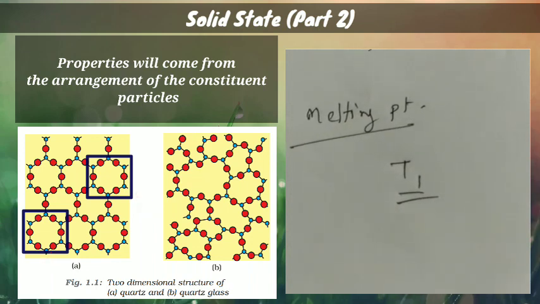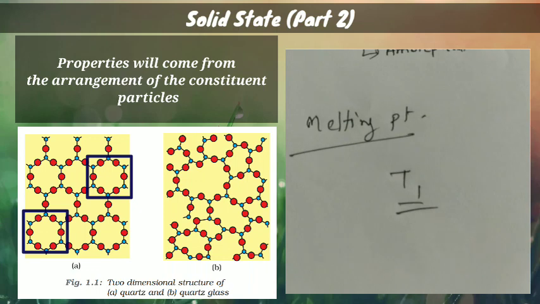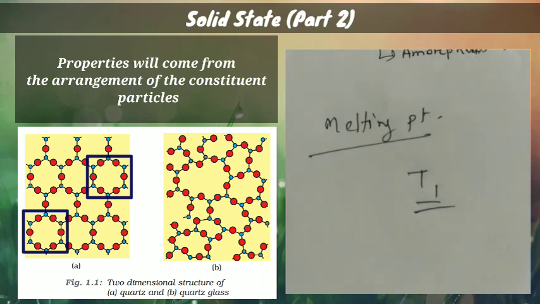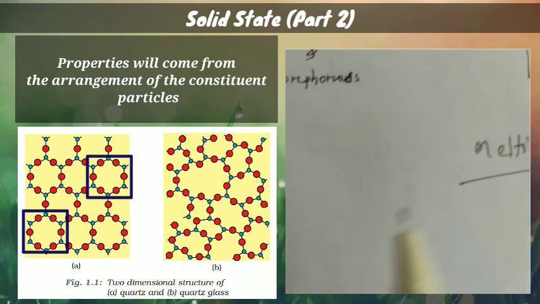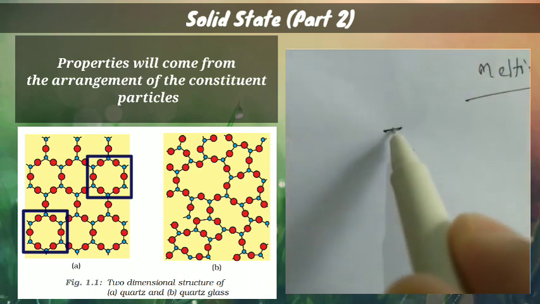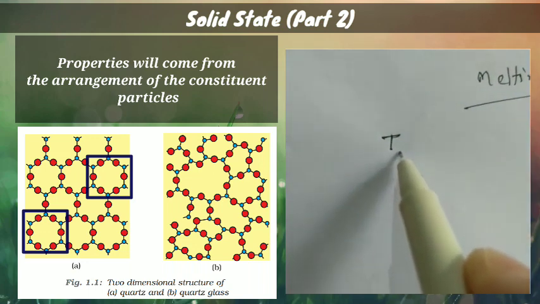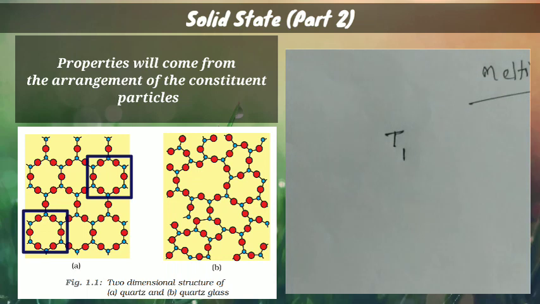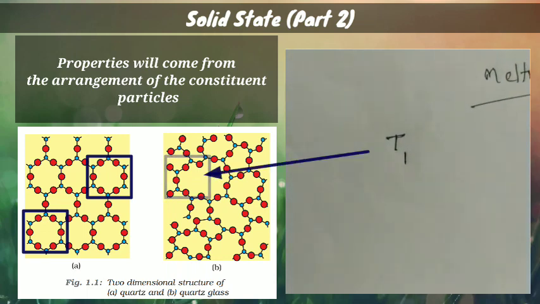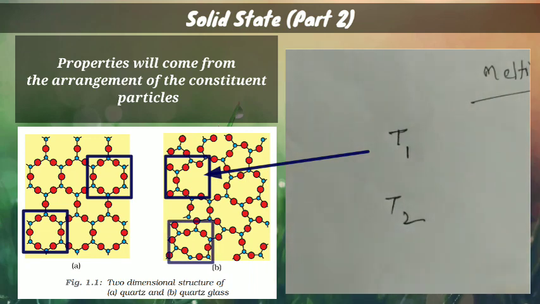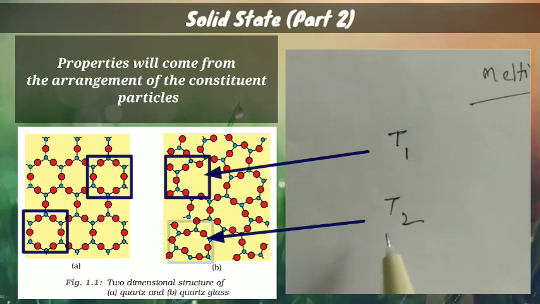But in figure B, let's suppose to break the bonds in this part we have to apply T1 amount of energy. But in another part there will be a different number of bonds, or the arrangement will be different. So to break all the bonds in that part, we have to apply T2 temperature.